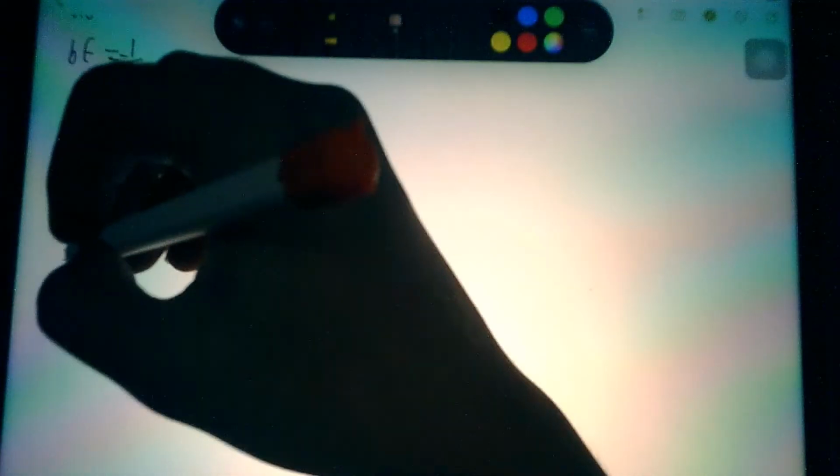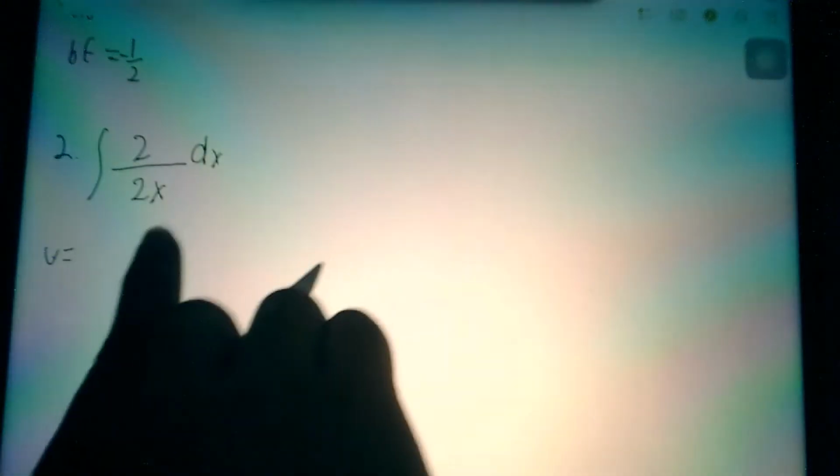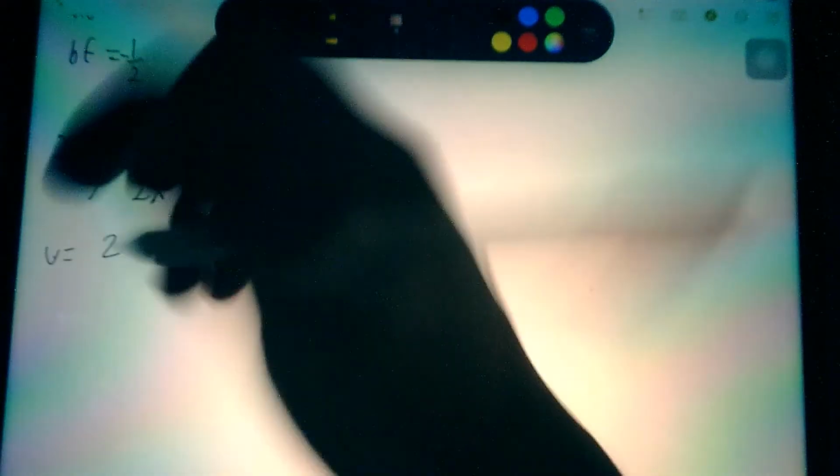Problem number 2. Let's say we have the integral of 2 over 2x dx. As I said earlier, our u can be found in the denominator, in the exponent, or in our algebraic form. So our u here is in the denominator, so u is 2x.